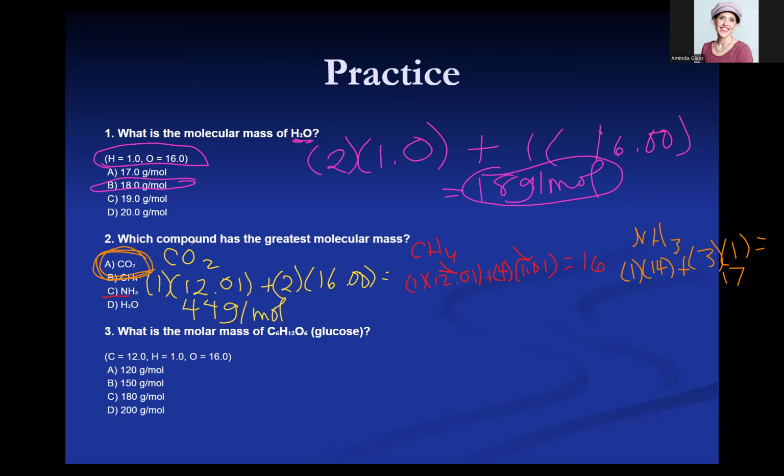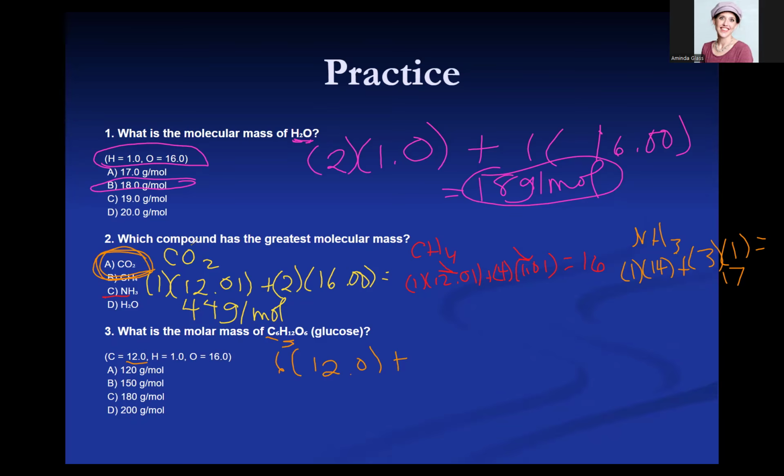So let's look at the molar mass of glucose. We're given the elements here, their mass, so we don't have to go to the periodic table and look those up, which is helpful. So we have 6 carbons, each has a mass of 12.